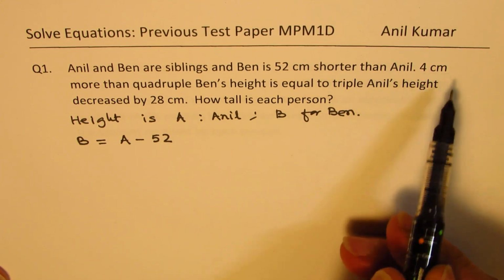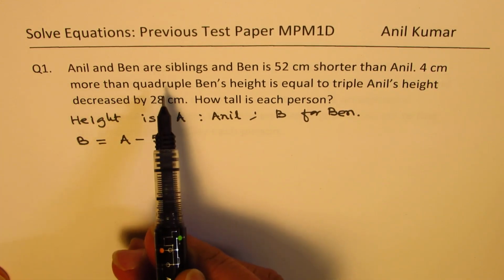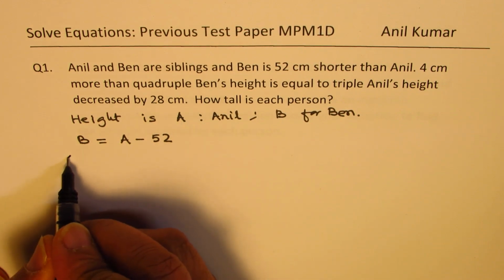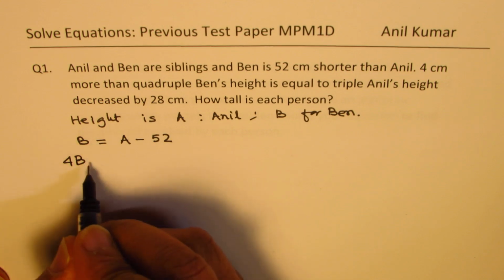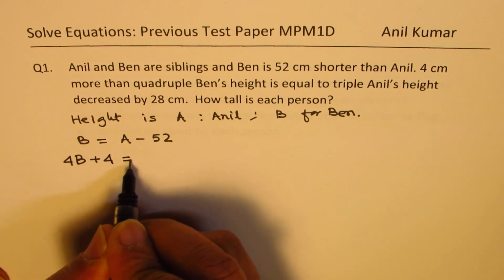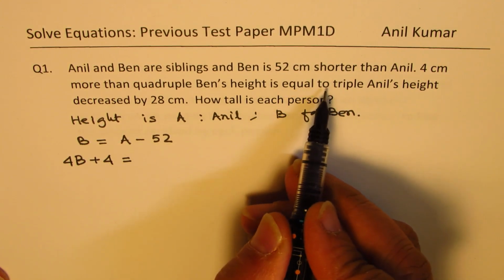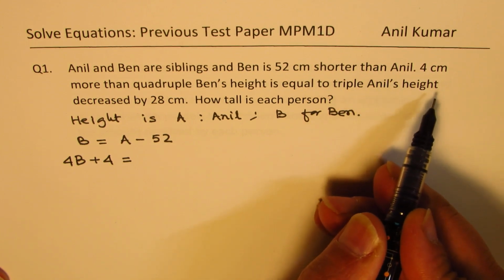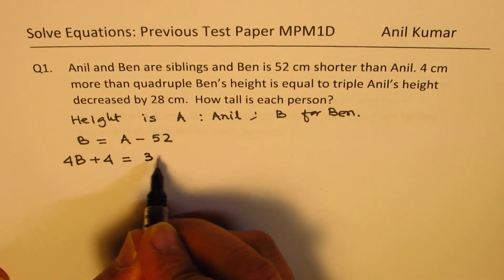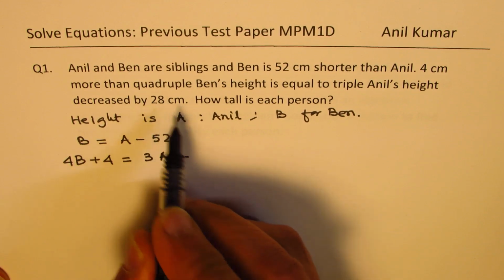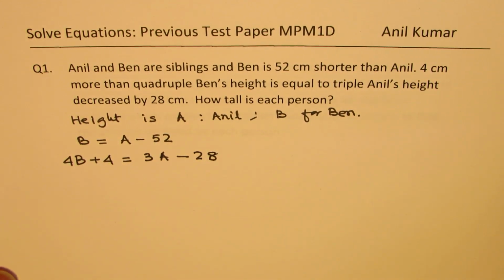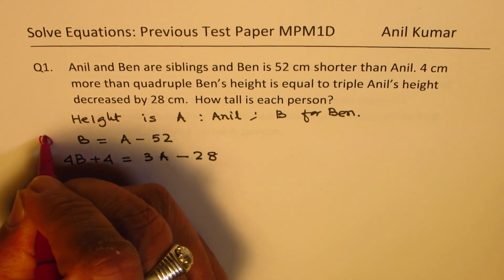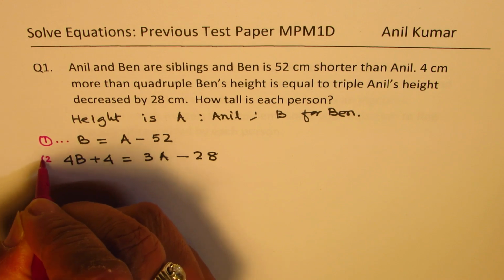It says 4 centimeter more than quadruple Ben's means 4 times B and then 4 centimeter more than, plus 4, is equal to triple Anil's height decreased by, so 3 times Anil's height decreased by 28. Do you see that part? So that is how we get two equations from the given conditions.